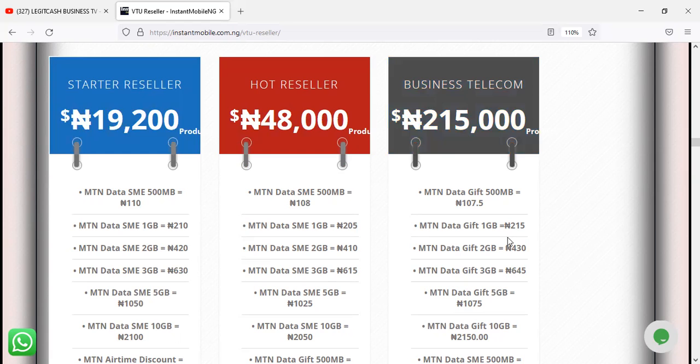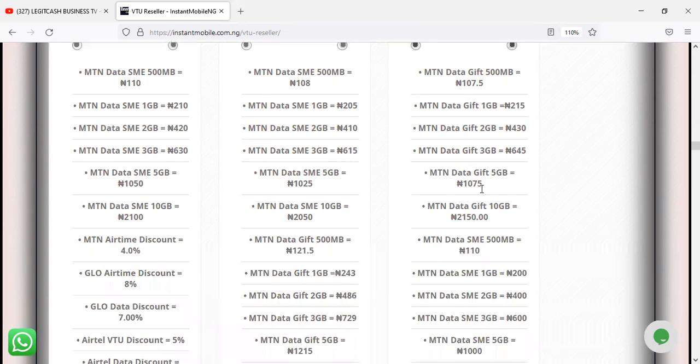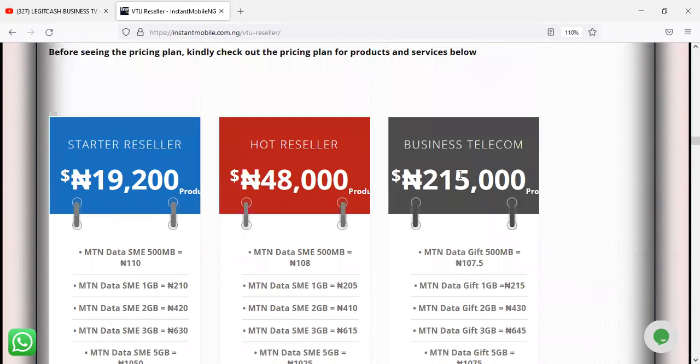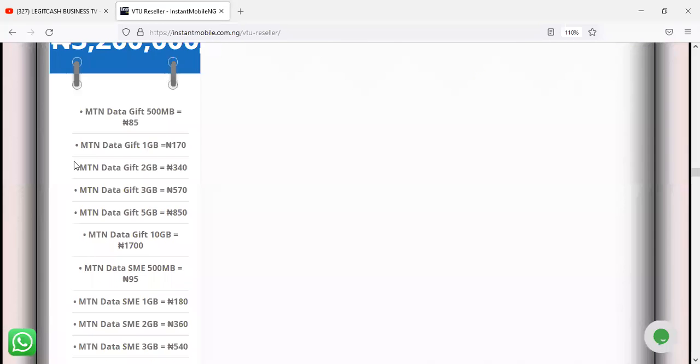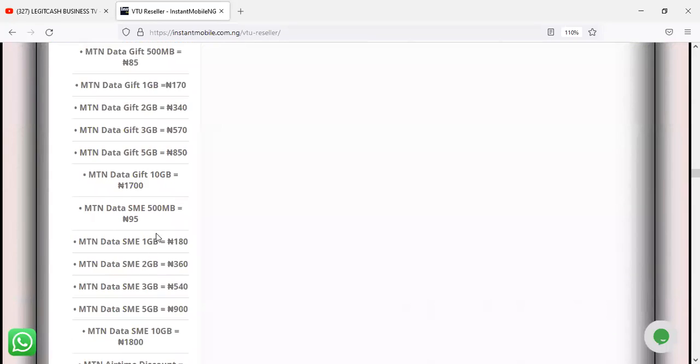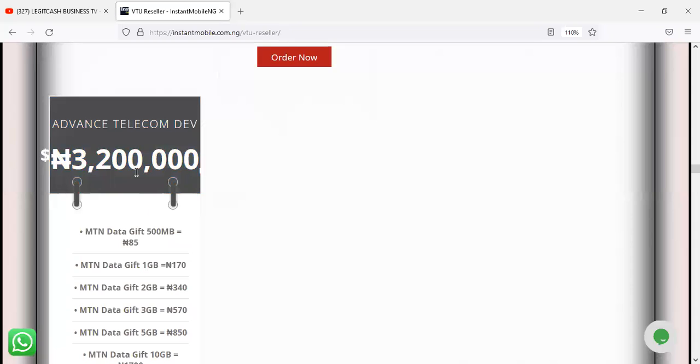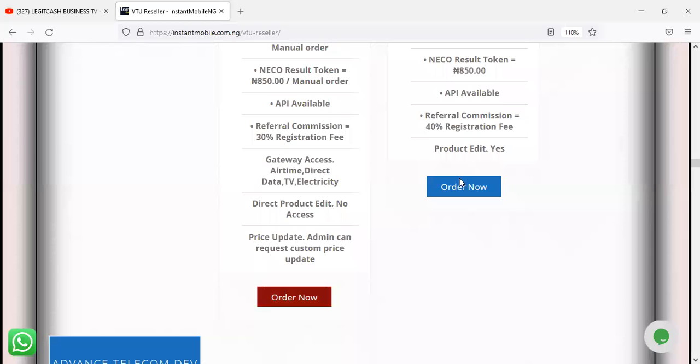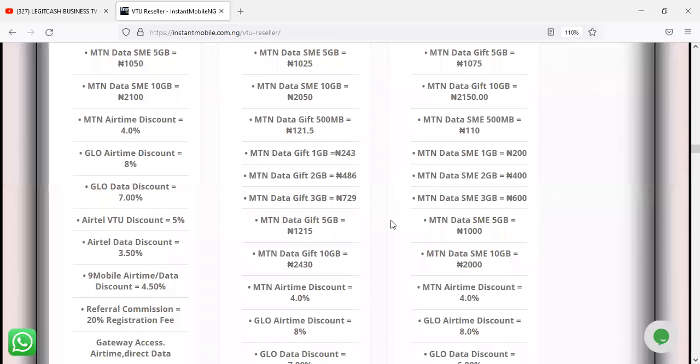The business telecom 1 gig is 200 naira, while the advanced telecom, which is 3.2 million, is 180 naira per gig. Before it was 190 naira. So those of you on this package, please take note and update your VTU network with this price so that you can get things cheaper.